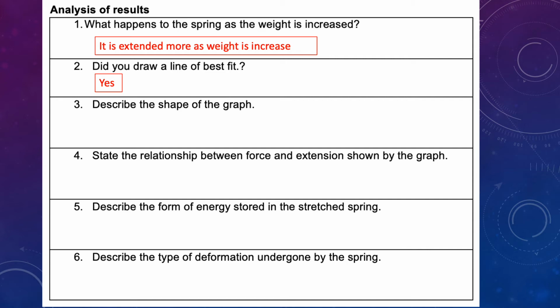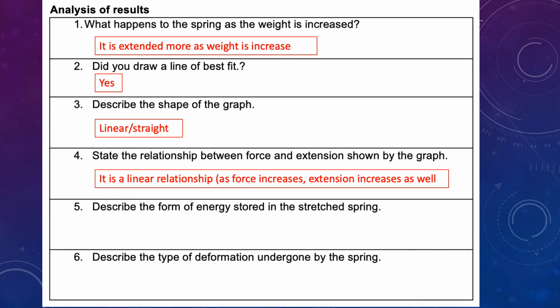Number 3 is asking, describe the shape of the graph. For this one, I'm going to use the mathematical term, which is linear. It's not a curve, it's just a straight line. That's the shape of the graph that we want to talk about. And from there, we need to understand what's the relationship between force and extension from the graph.